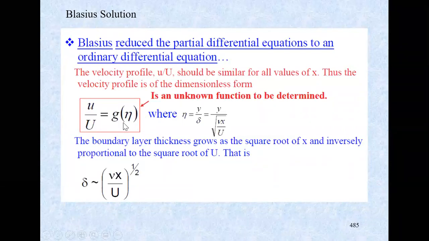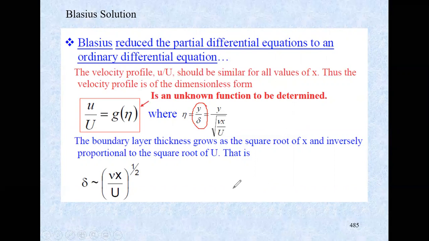Eta is a function that we don't know yet actually, but we're going to use it to find what the velocity profile is. Eta is y over delta.